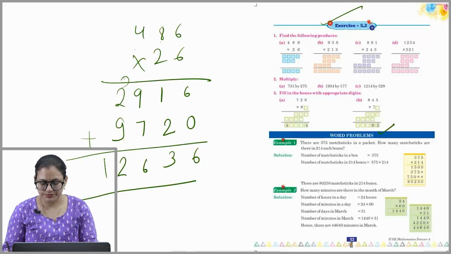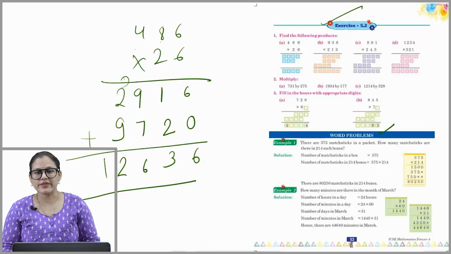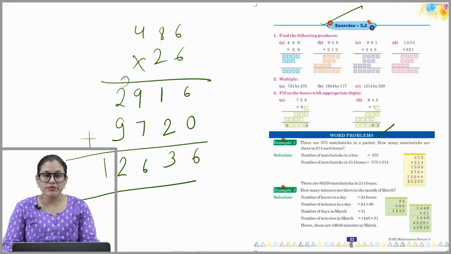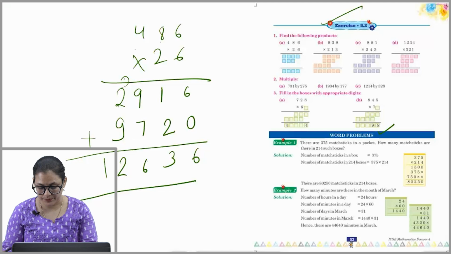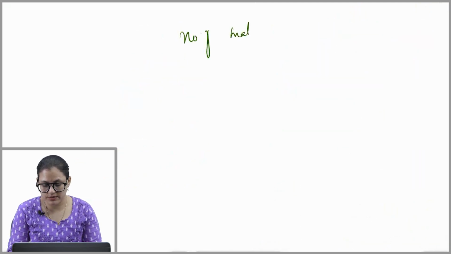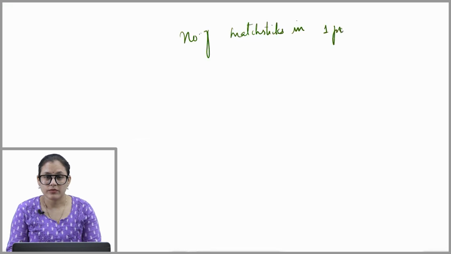Now word problems. There are 375 matchsticks in a packet. How many matchsticks are there in 214 such packets? Number of matchsticks in one packet is 375.